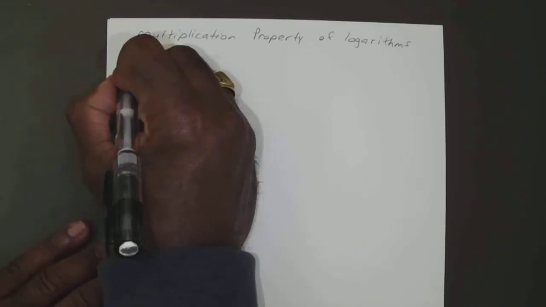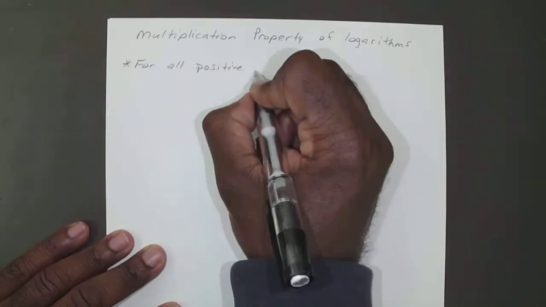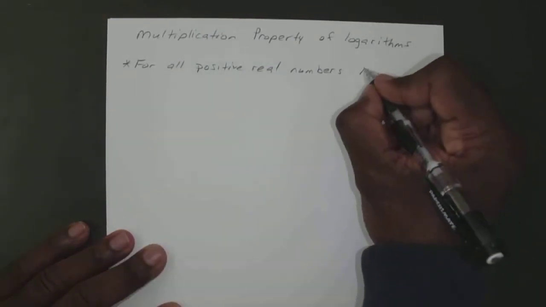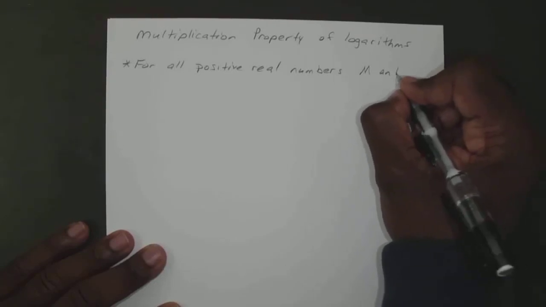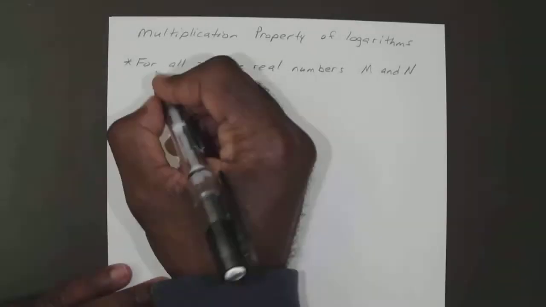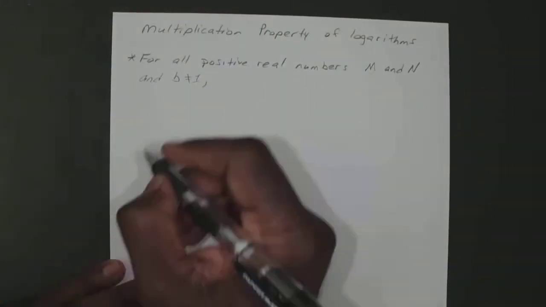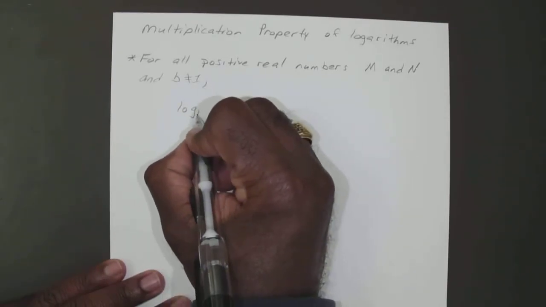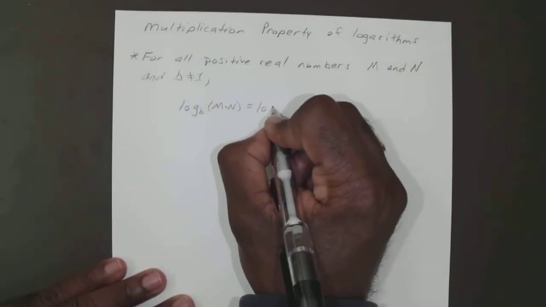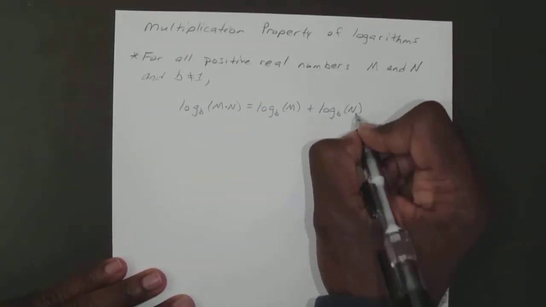For all positive real numbers, and we'll call them an uppercase M and an uppercase N, those just represent any positive real number, and your base b that doesn't equal 1, the log base b of M times N is equal to log base b of M plus log base b of N.